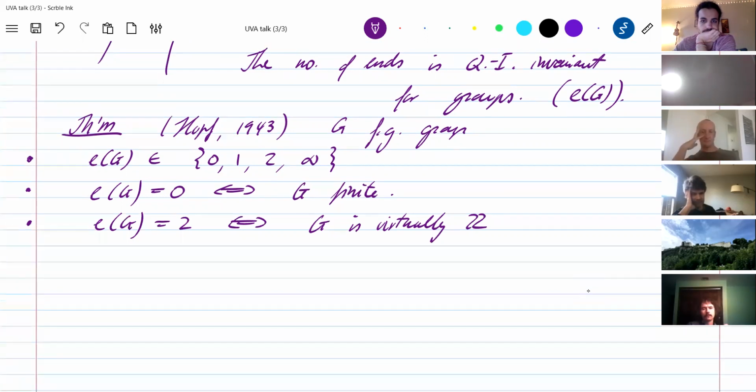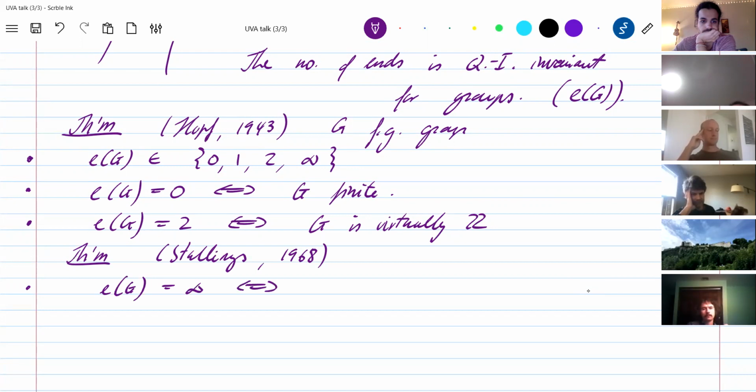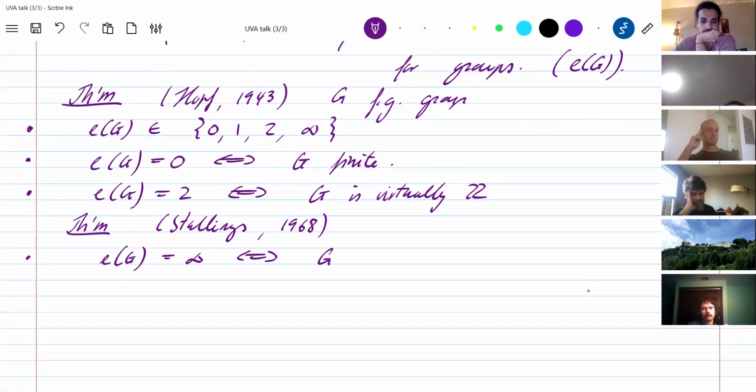Okay, and what about infinitely many ends? This is a result of Stallings from 1968. If we have infinitely many ends, we can actually split our group up into smaller, friendlier pieces via either amalgamated free products or HNN extensions.